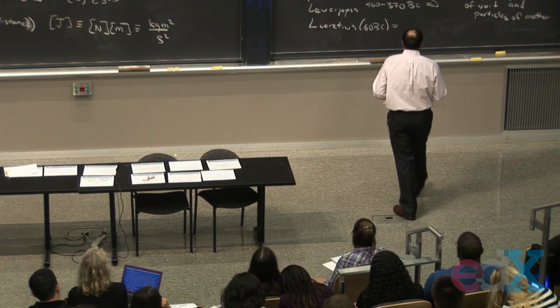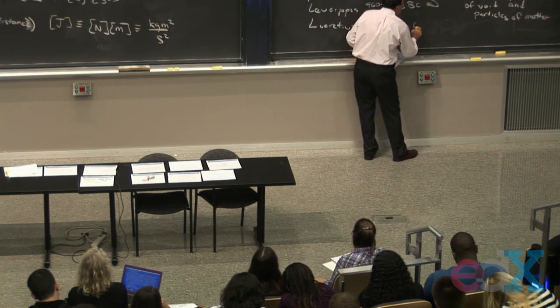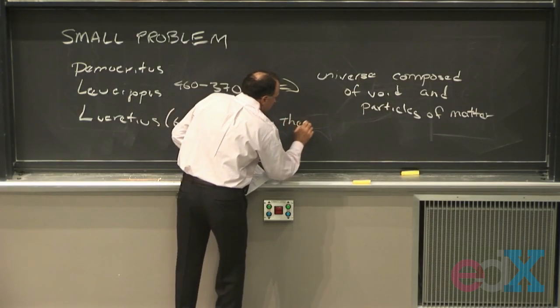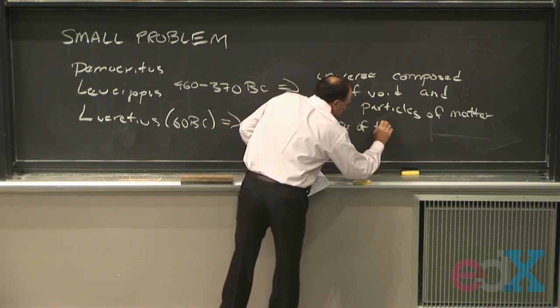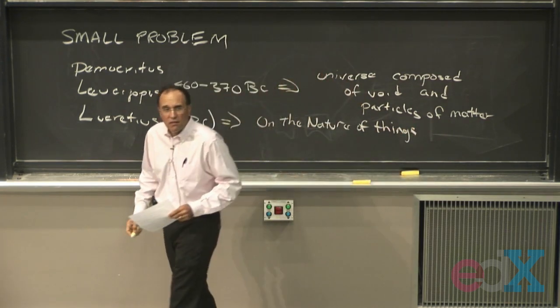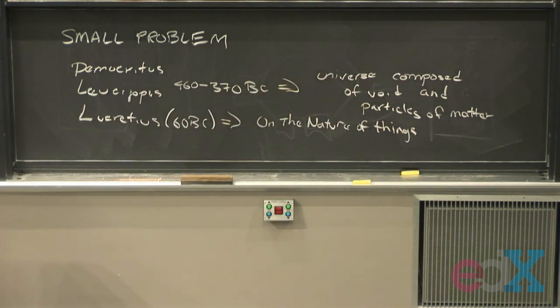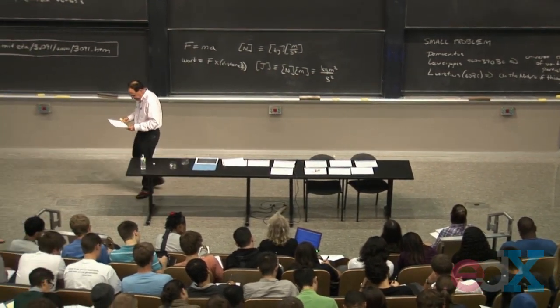But he quoted Democritus, and he also wrote a poem on the nature of things. The Romans were trying to write epic poems like the Greeks did. And he wrote the following.